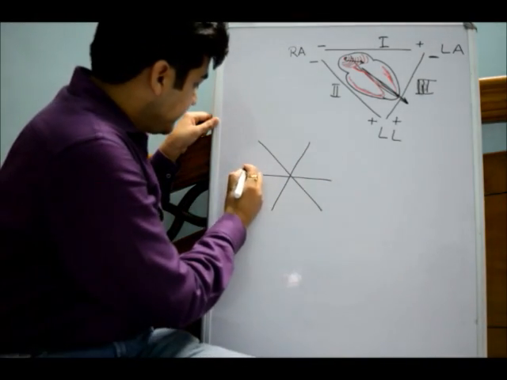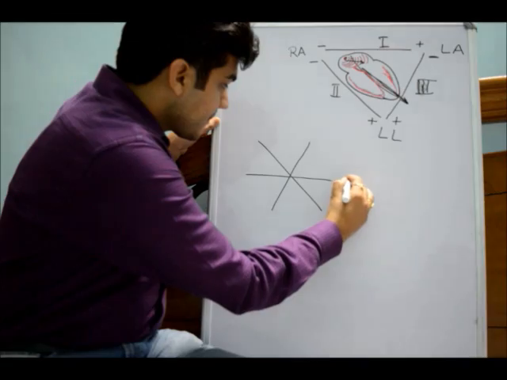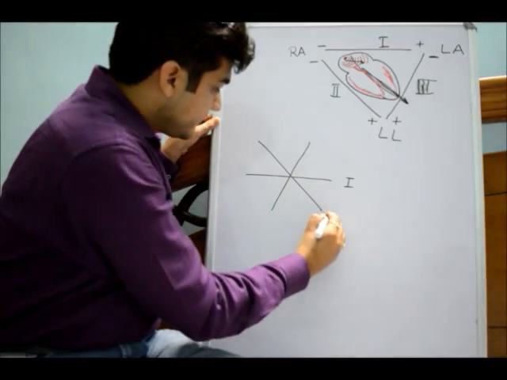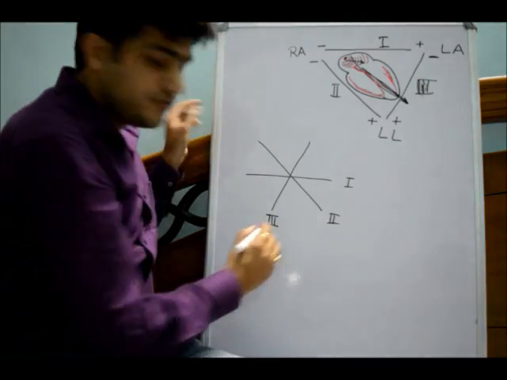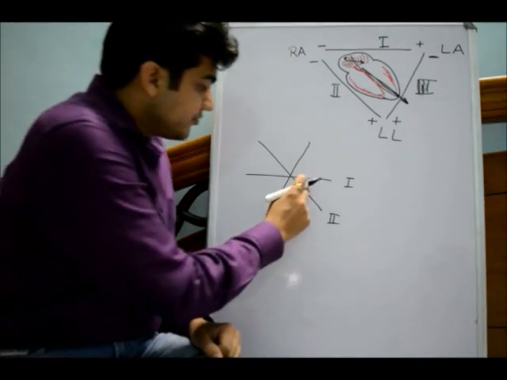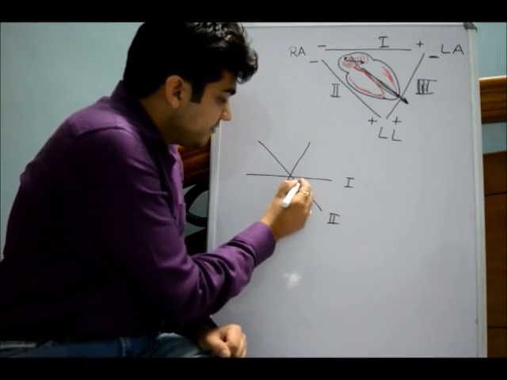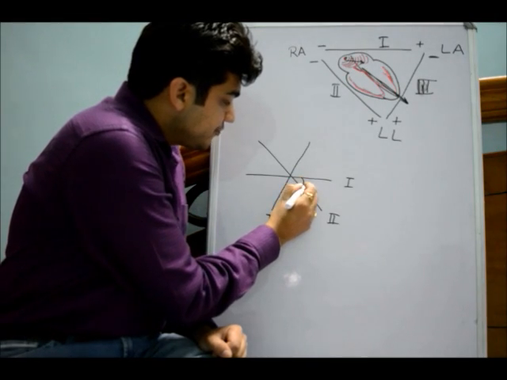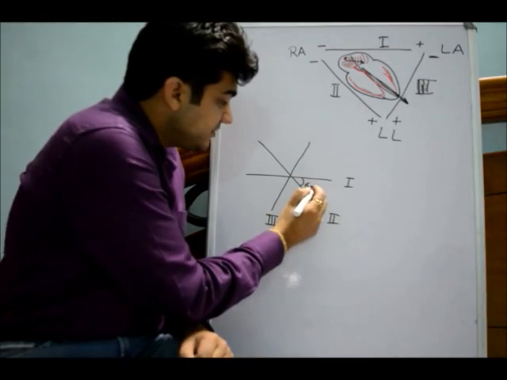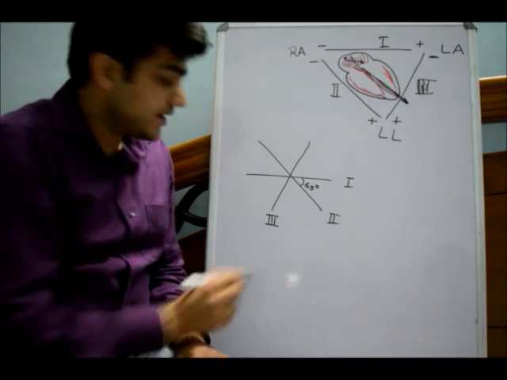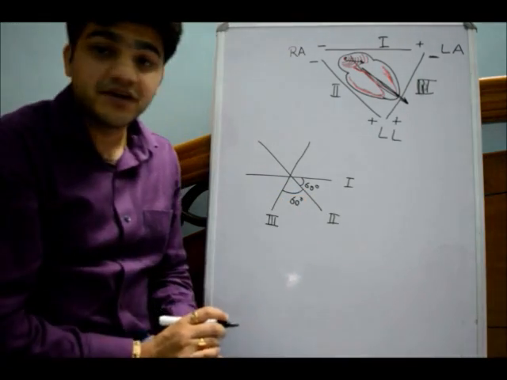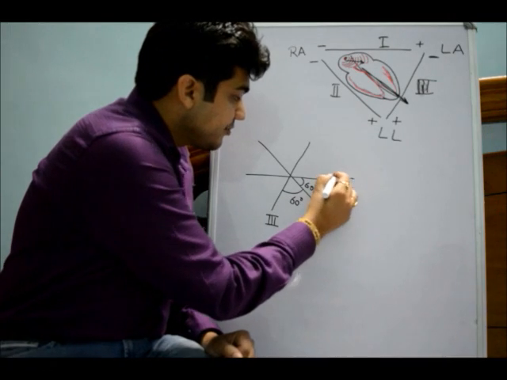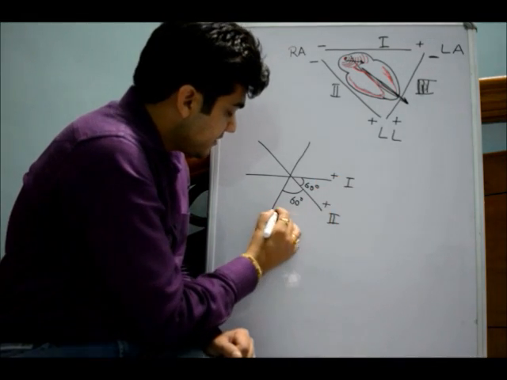So this is lead 1, this is lead 2, and this is lead 3. The angles between them: lead 1 and lead 2 are at an angle of 60 degrees to each other, and lead 2 and lead 3 again are at an angle of 60 degrees to each other. The positive direction being here, the positive vector here, then here and here.